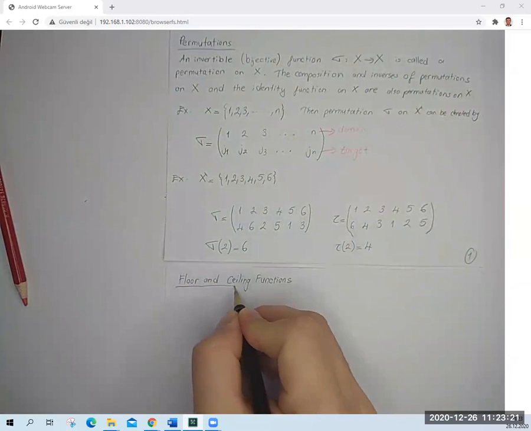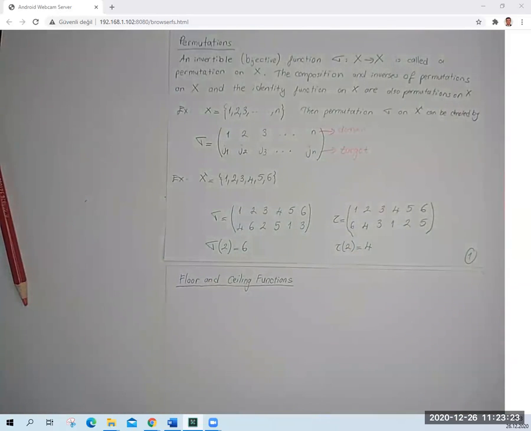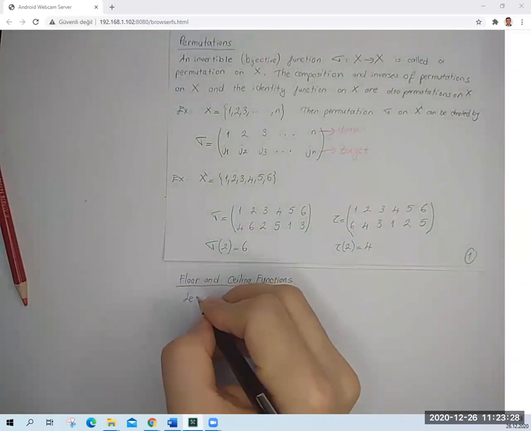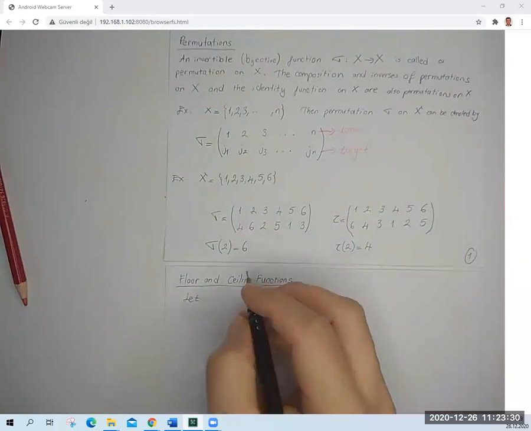So it means there is a value. Okay, let's write the definition, then it's going to be clear.